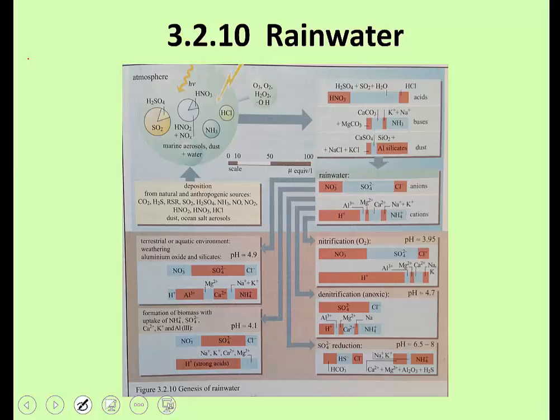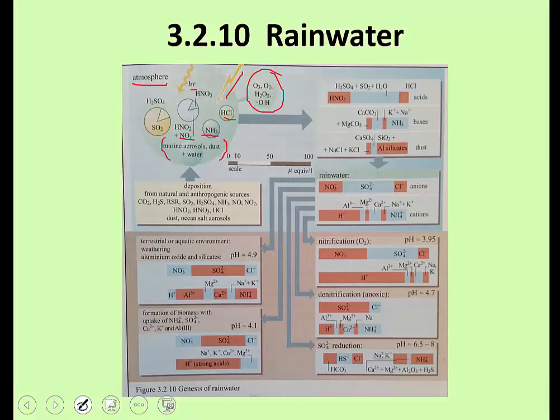So if we look at our atmosphere and what we have in here, through the reaction with energy in various forms from the sun or from lightning, we get all the species that you're seeing here. So you're getting things like sulfite, so sulfur dioxide, you're getting sulfuric acid, you're getting these NOxes that we talked about, you're getting ammonia, you're getting hydrochloric acid, you're introducing a variety of oxygen species to those, as well as aerosols, dust, and water.